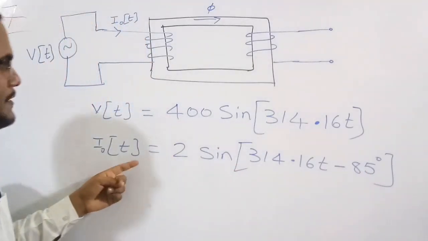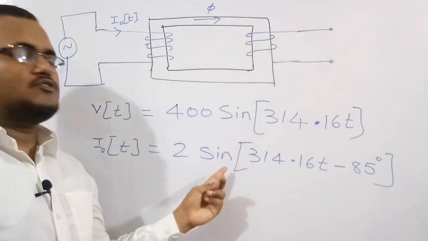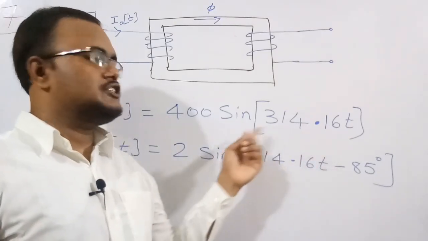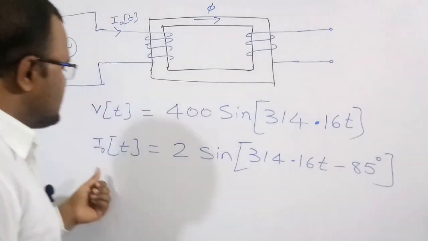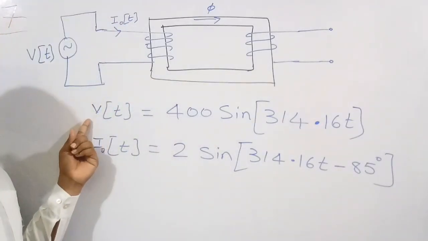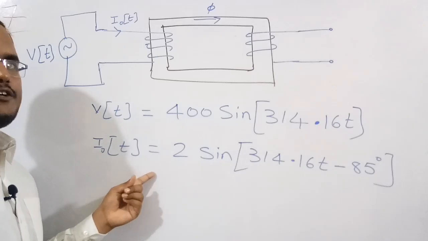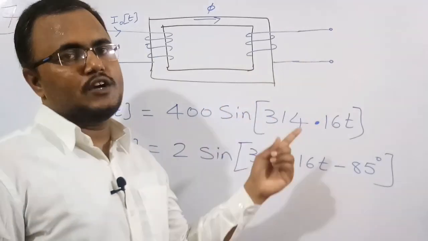If you see carefully, there is a minus sign. This current is going to lag, because there is a minus 85, meaning the current lags the supply voltage, so this is an inductive circuit at the no load condition.